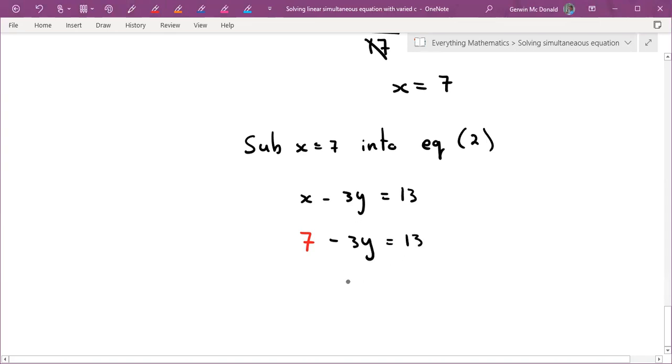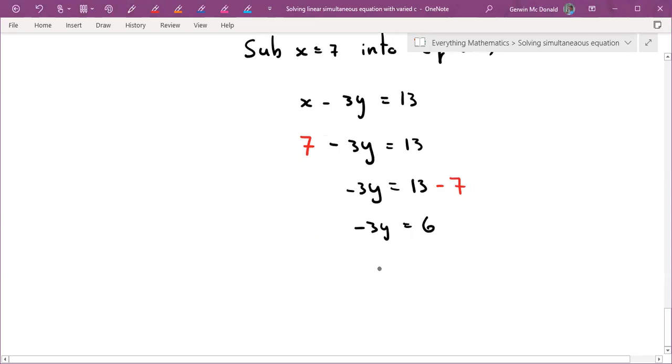I send the 7 to the other side. So that's minus 3y is equal to 13 minus 7. That's what it will become. And that will be minus 3y is equal to, that will be what? 6, positive 6.